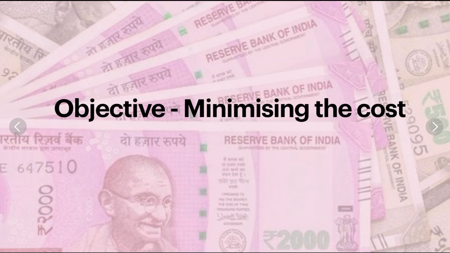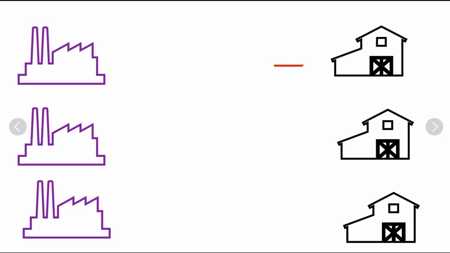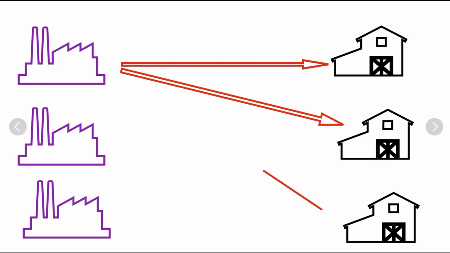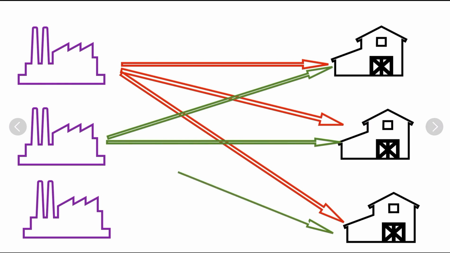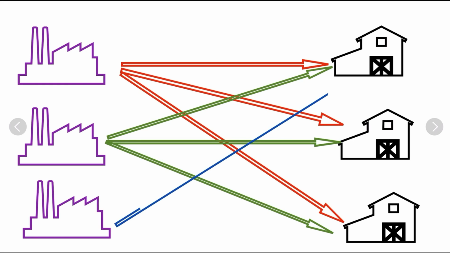Now, since this transportation problem is one of the special cases of linear programming problem, here I have just taken three destinations and three origins. So from each origin, the goods should be transported to each of these destinations.